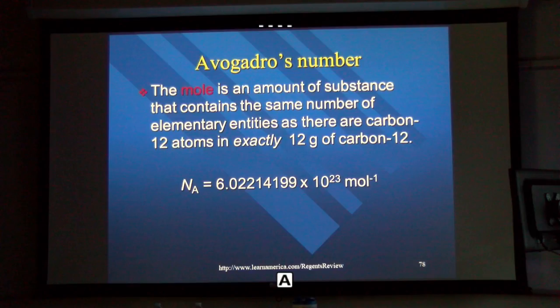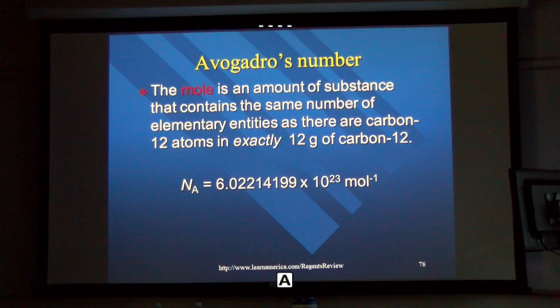Now, what they did is they based it all on the carbon atom, right? And what they came up with is a way to work with these small particles. And as I told you, they had to invent their own unit, called an AMU. What's interesting is if you have a mole of atoms, that would mean you would take this number and multiply it by the number I showed you before, which was called Avogadro's number.